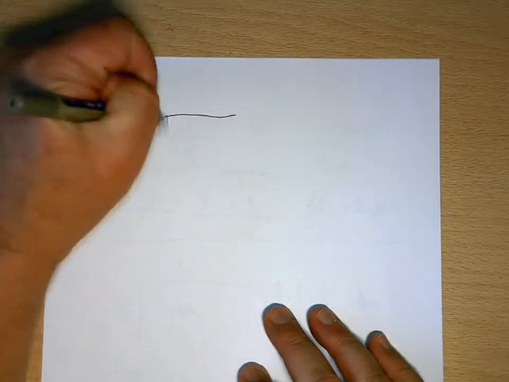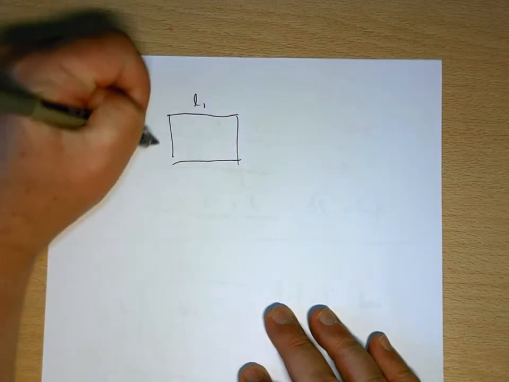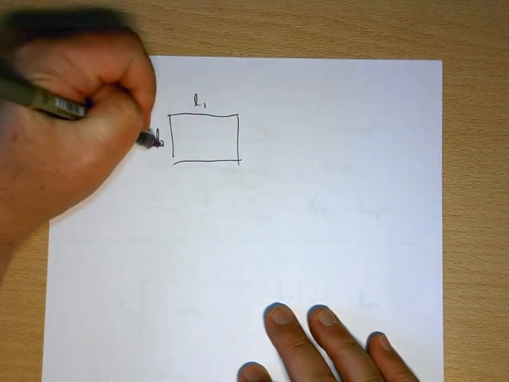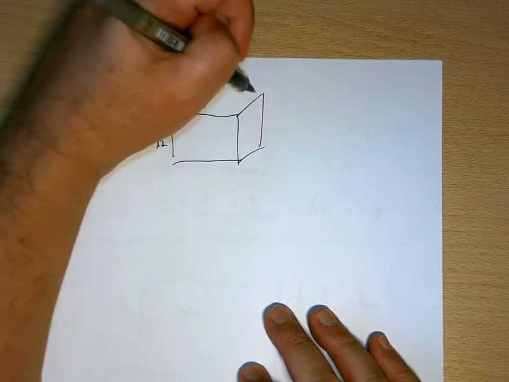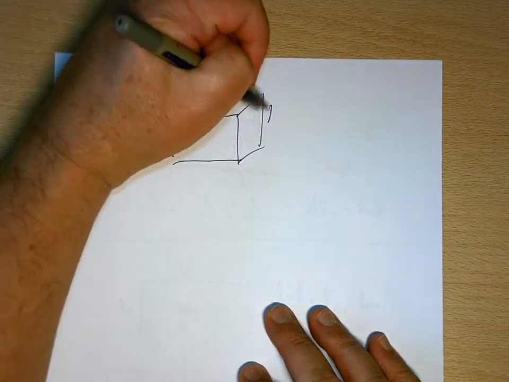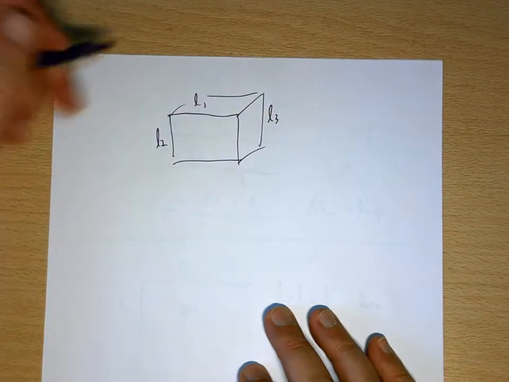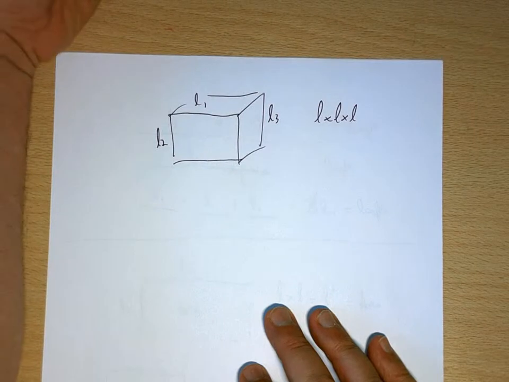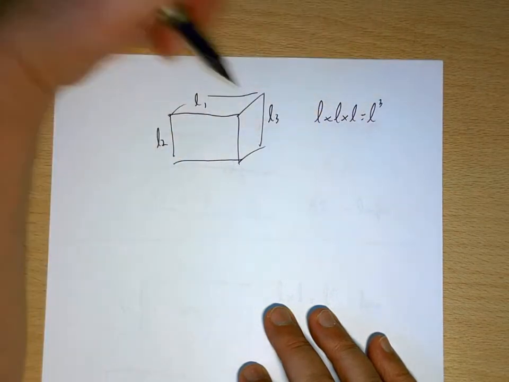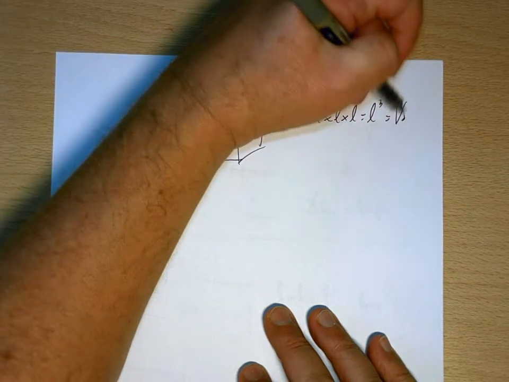So similarly, if we go back again into key stage 3, we know that if we've got a length times a length, that gives us an area. But if we've got another length and we're multiplying length by length by length, that gives us length cubed, which is volume.